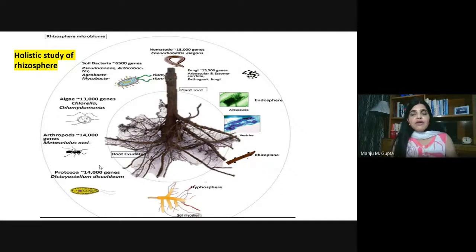My fungi were just a part of the 15,500 fungal genes which I could decipher, and this included all arbuscular, ectomycorrhizal, pathogenic fungi, and everything.